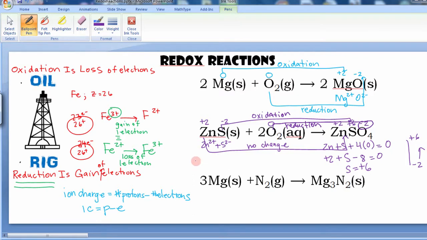So, since sulfur undergoes oxidation, sulfur is our reducing agent. And since oxygen undergoes reduction, oxygen is our oxidizing agent. Okay? So that's how we determine that.